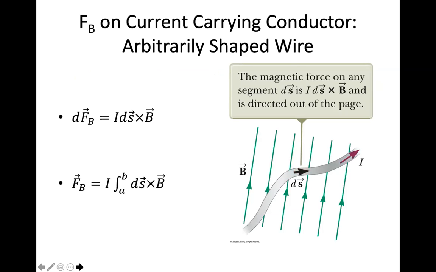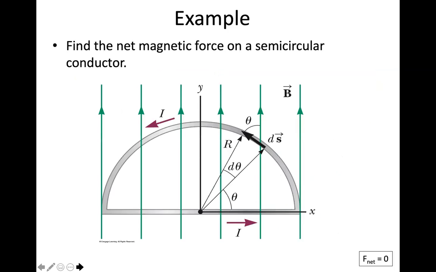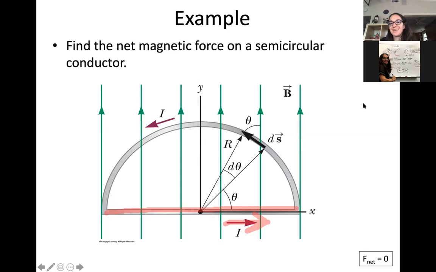So let's see how that would look. Let's do a semicircular conductor. Now, I can break this up into two pieces because I have a straight wire here. A straight wire with the current pointing to the right and the B field pointing, if I'm looking at my iPad, straight in the direction that I'm looking. Okay, so let's see if you can see me. Hi. So let's figure this out. Current, fingers.